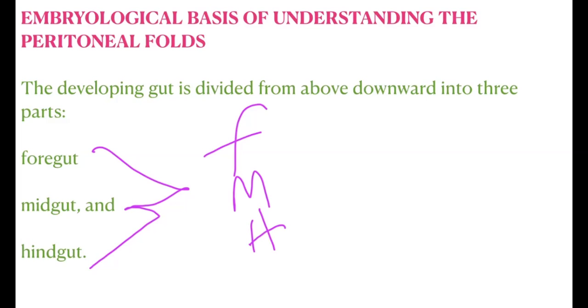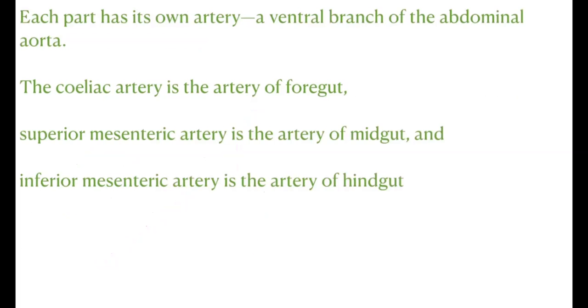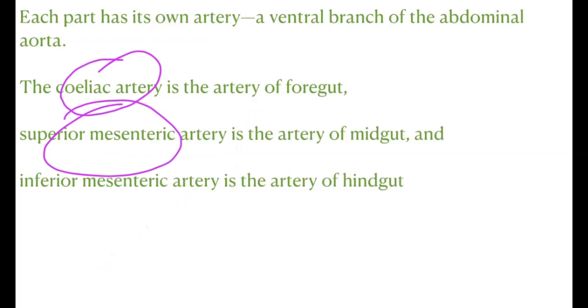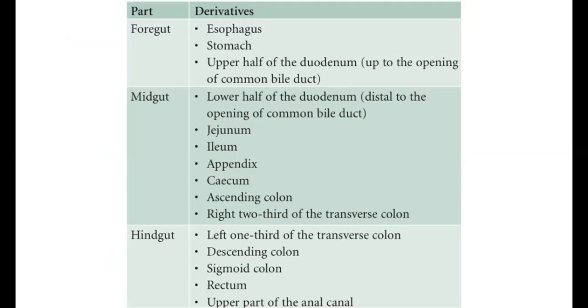So each part has its own artery. Foregut is supplied by celiac artery, midgut is supplied by superior mesenteric artery, and hindgut is supplied by inferior mesenteric artery, right? And the foregut gives rise to esophagus, stomach, and upper half of duodenum.